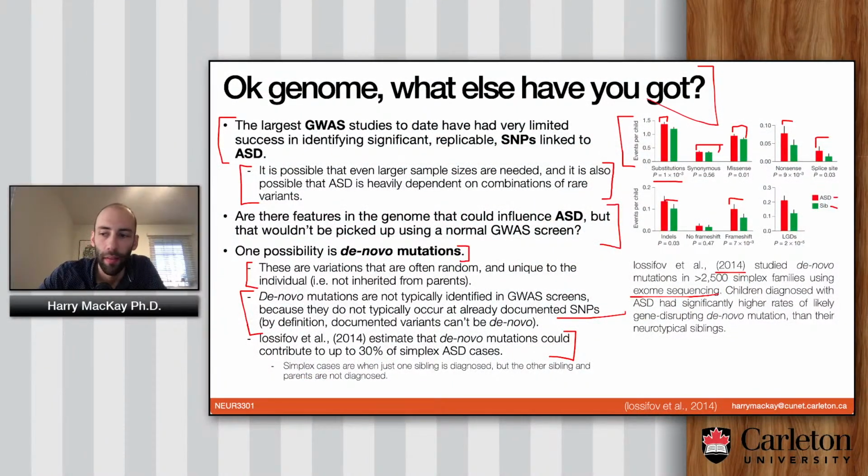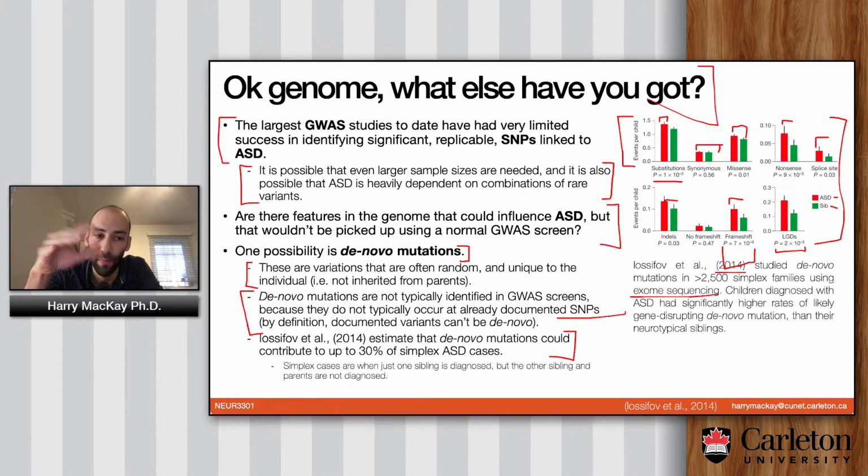And we're back. So the last thing I wanted to point out was that in your studies, you don't have to worry about what an LGD is or what a frame shift is. You should know what a frame shift is, but I'm not going to quiz you on that. Just know that on the basis of exome sequencing, which is a method that sequences the exons of genes, the coding regions, the authors found that ASD cases had higher rates of mutation compared to their siblings who didn't have ASD.